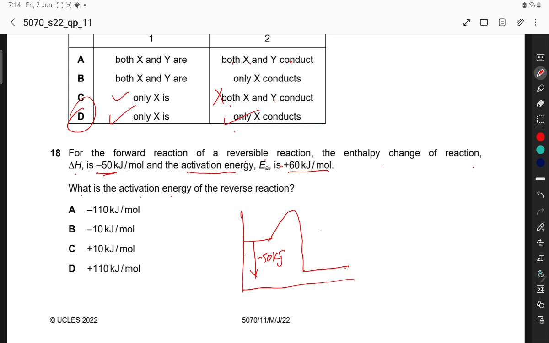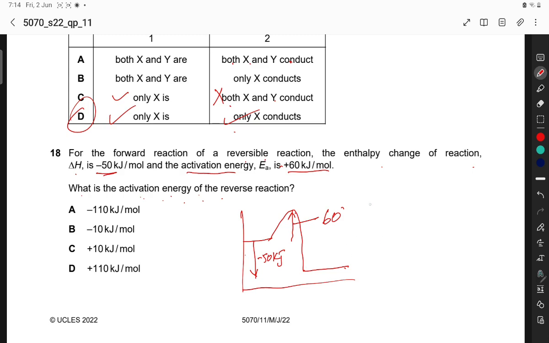So minus 50, and the activation energy is 60. What is the activation energy of the reverse reaction?